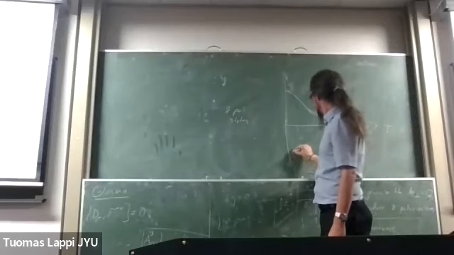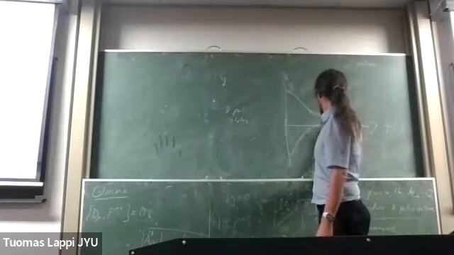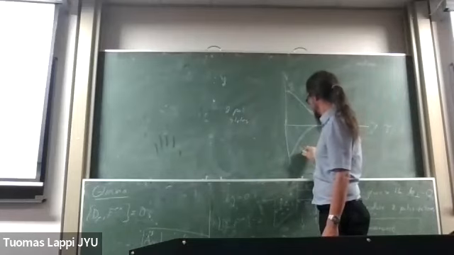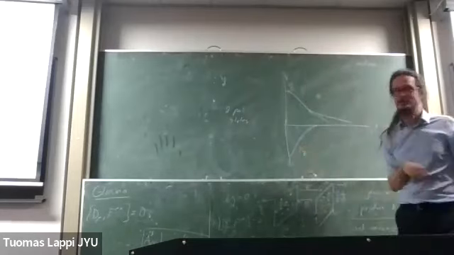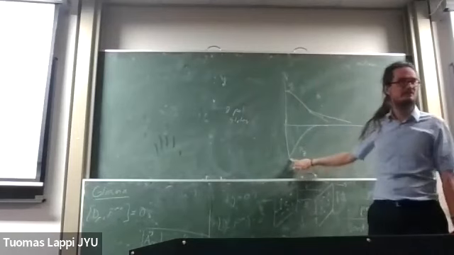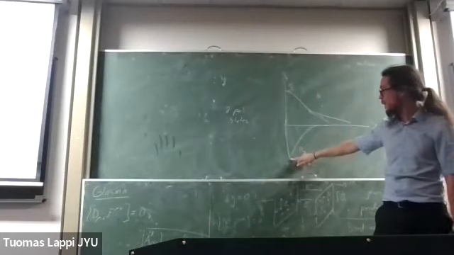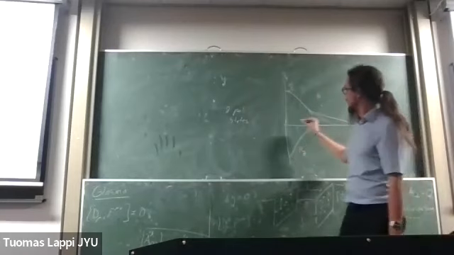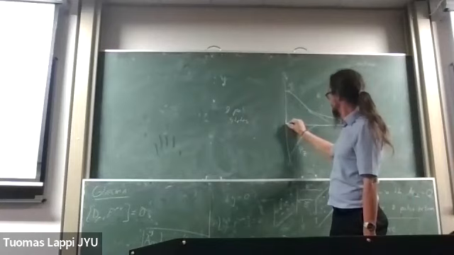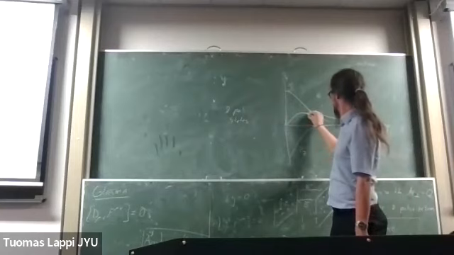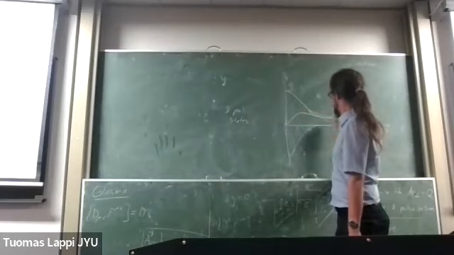Then you have the longitudinal pressure, the Z component, which starts off being negative and minus the energy density. And then you have the transverse components, which let me draw like this.